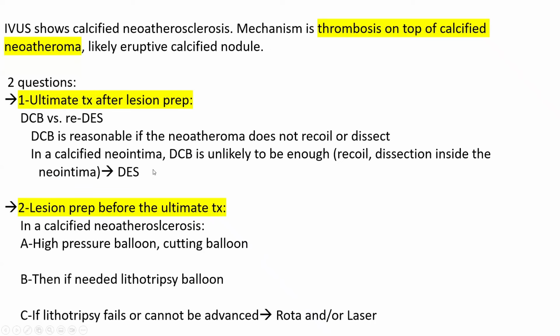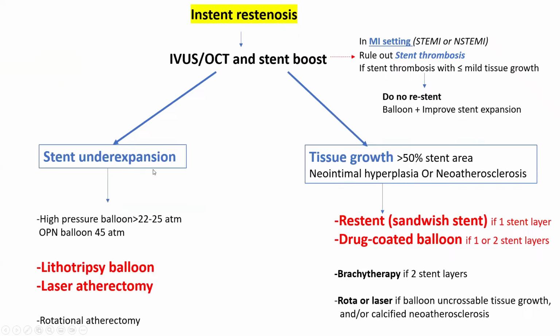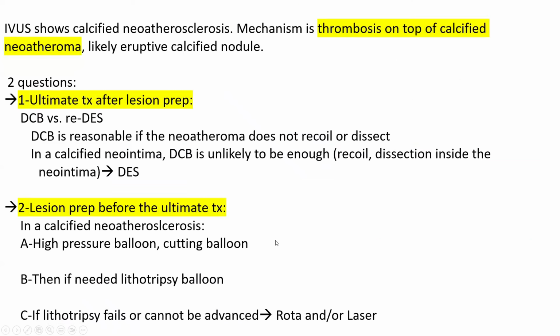So I'm already planning, even though it is a stent thrombosis, and I don't usually like to put another stent if it is an isolated stent thrombosis, in this case I have to put another stent. It's not an isolated stent thrombosis. It's heavy neoatheroma underlying the stent thrombosis. So I will put a DES. If it wasn't heavily calcified and I thought I could get a good DCB and balloon result, I would stop at DCB. But I think here I will need a repeat DES.